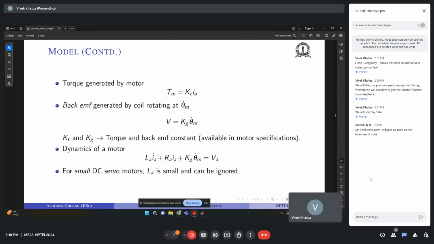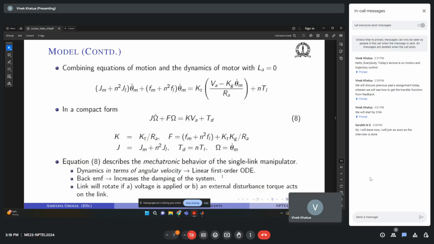This is the inductance of the armature, and this can be ignored for smaller DC motors, right?